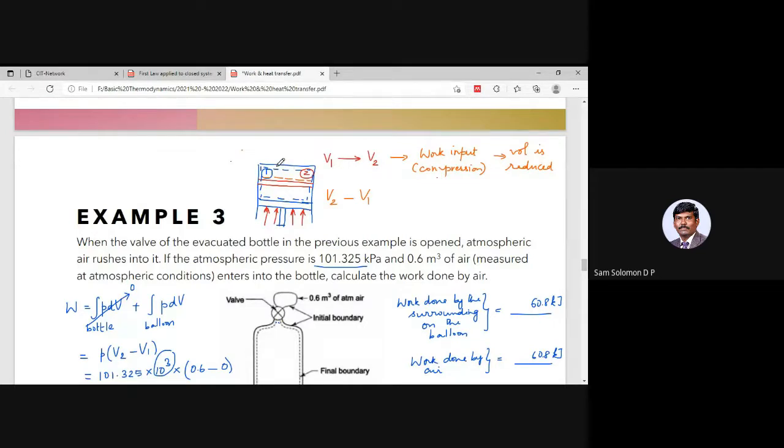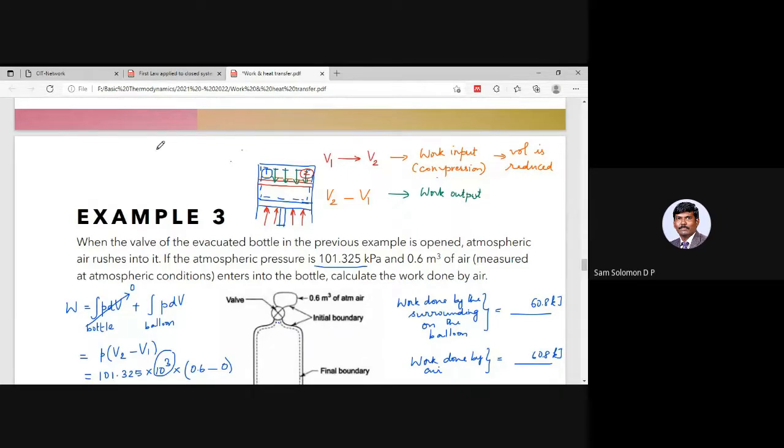Because of the high heat energy generated and the higher pressure, the pressure pushes the piston in the downward direction, and there is an expansion from V2 to V1. We call that work output, because now work is done by the gas on the piston.